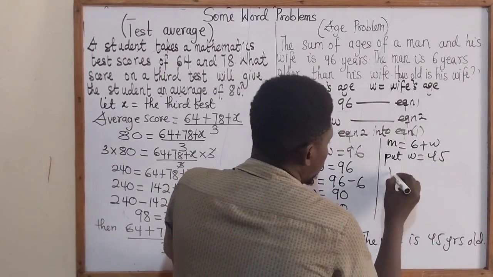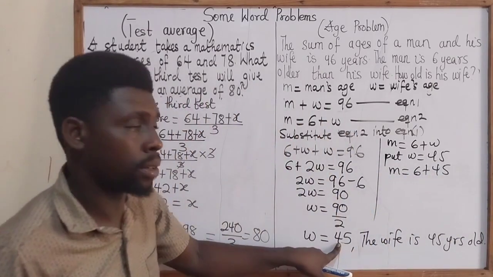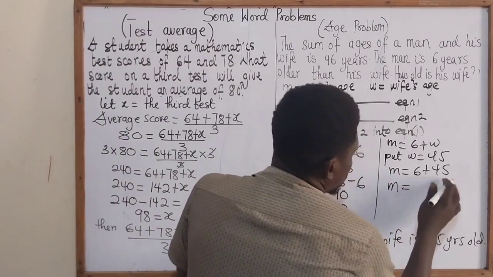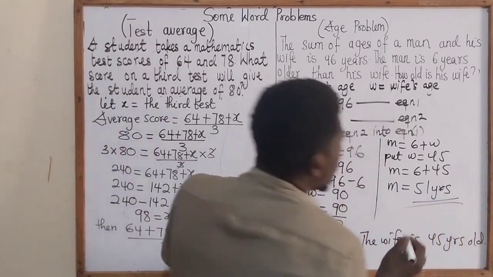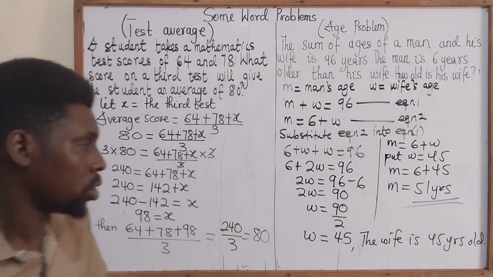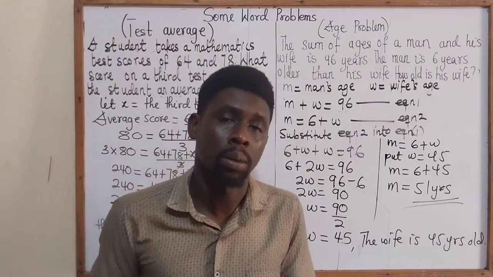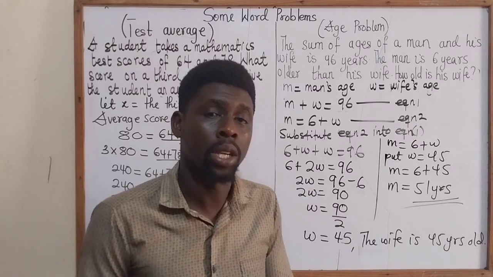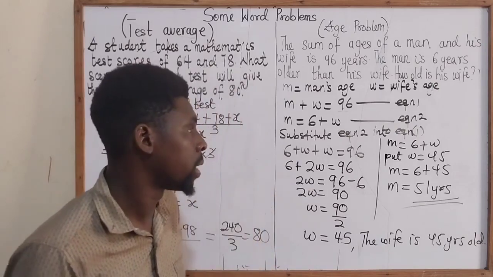Okay, so we are going to have M equals 6 plus 45. Okay, so therefore the man's age is going to be 51 years. All right, so this is how best we can solve a word problem using this method. All we need to do is to change the verbal sentence into a mathematical equation.